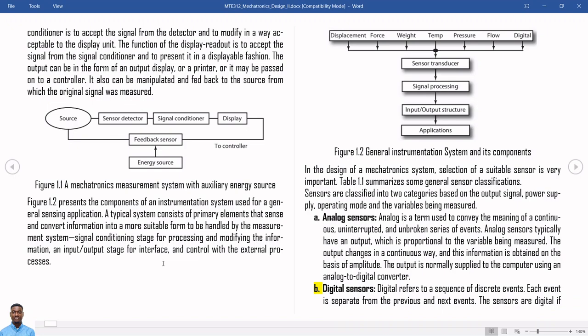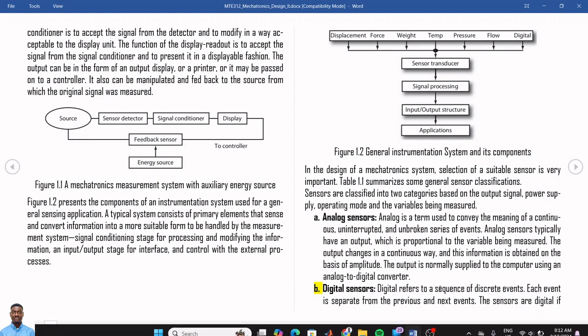Then the signal conditioning stage for processing and modifying information, and an input-output stage for the interface where you have the application here. That is just the explanation of this general instrumentation system and its components.